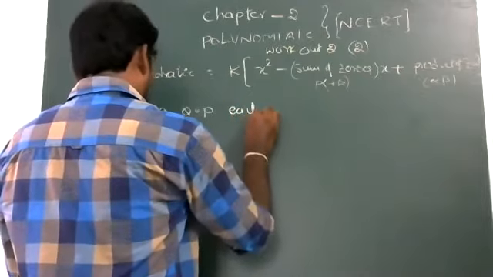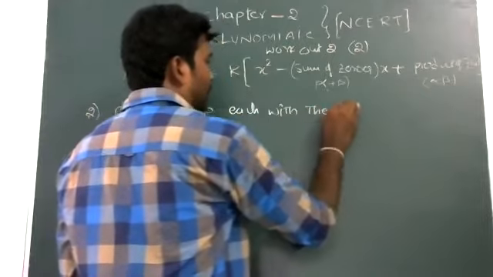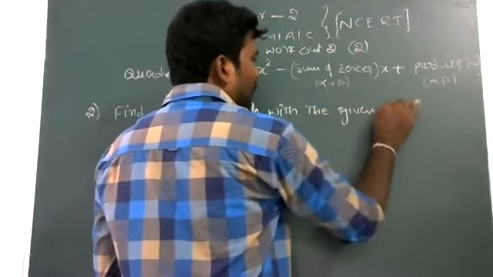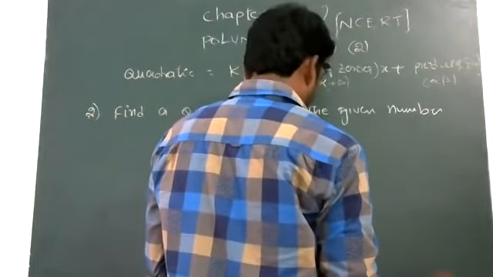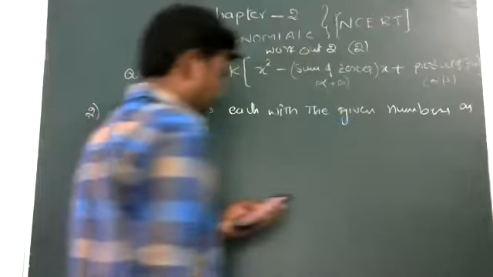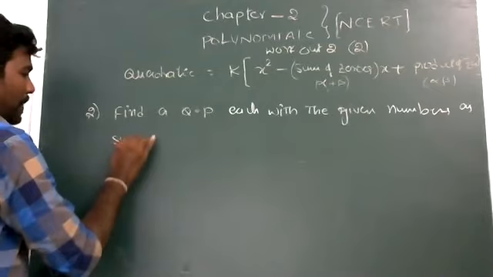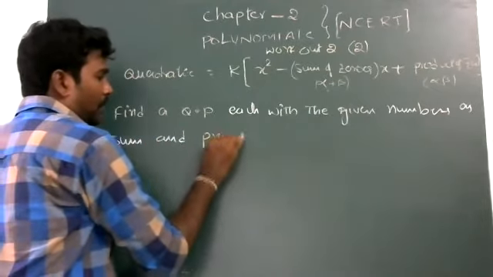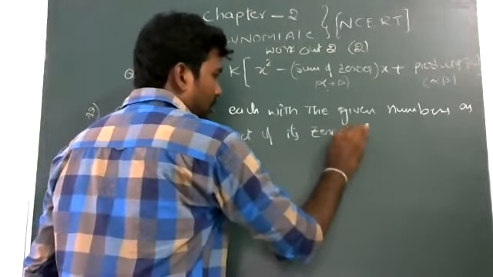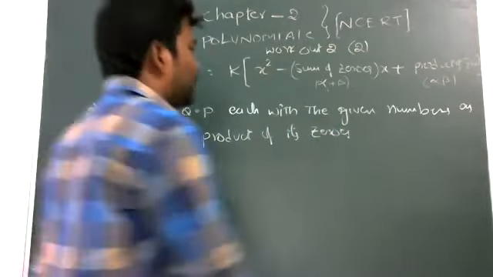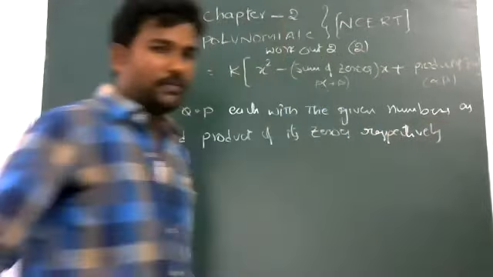Find a quadratic polynomial each with the given numbers as sum and product of its zeros respectively.